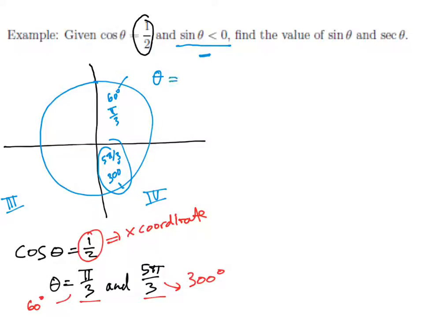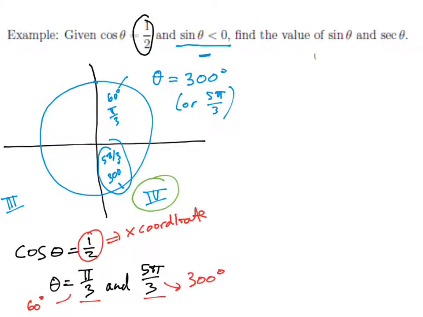So theta must be equal to 300 degrees or 5 pi over 3. The whole reason I went through this process is because I need to determine which quadrant theta is in, and theta is in quadrant 4.